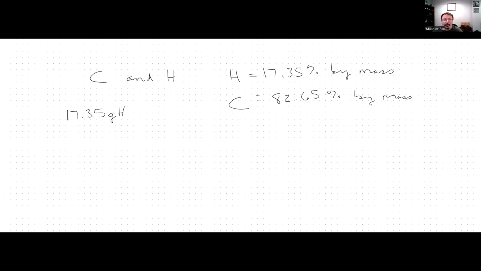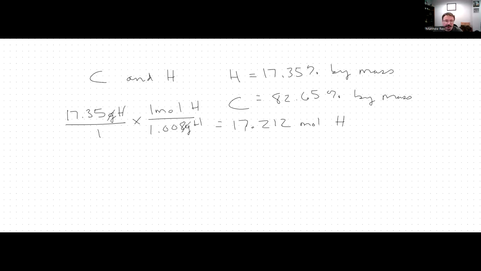And to figure out how many moles that is, I would divide that 17.35 grams of hydrogen by the molar mass of hydrogen. Grams will cancel out, and we'll be left with moles of hydrogen. In this instance, 17.212 moles of hydrogen.